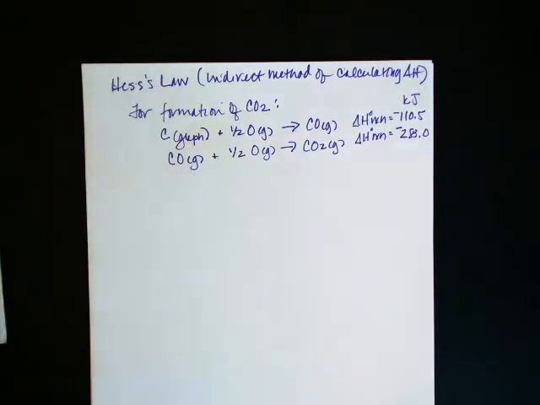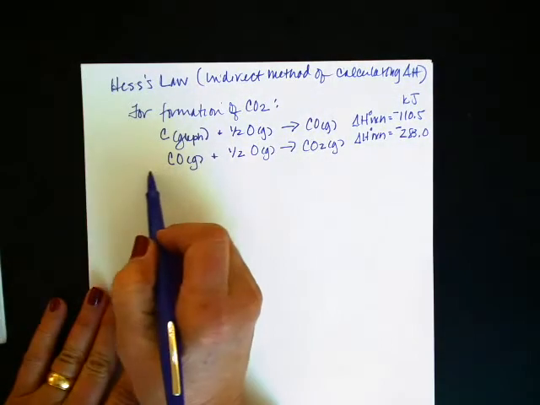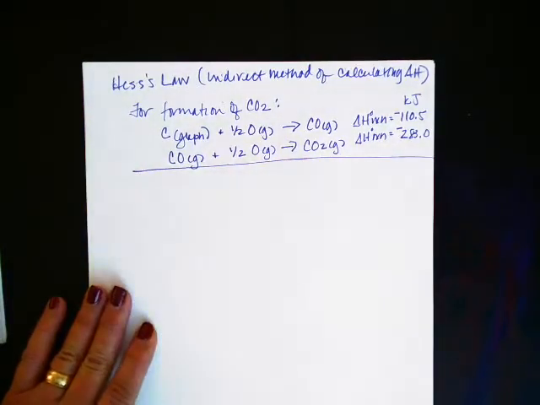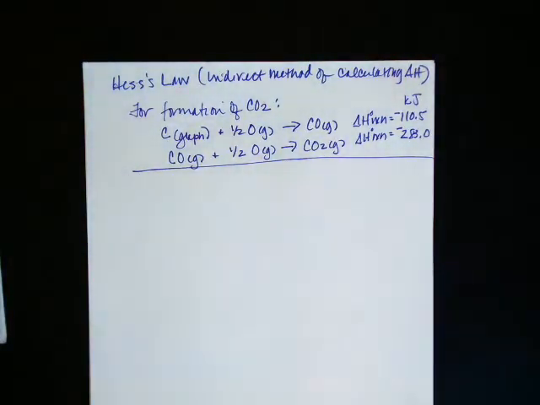So, we are going to cancel anything that appears on the left-hand side in one equation and the right-hand side in the other equation. Okay. What do you see that could be canceled? Nope, they're both on the left-hand side. They have to be on opposite sides of the arrow.